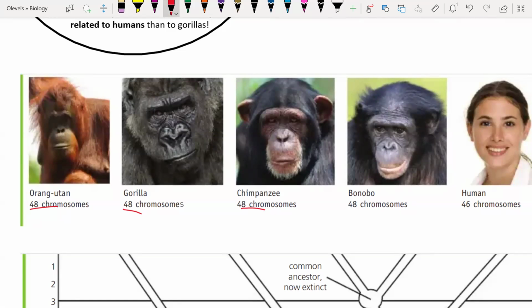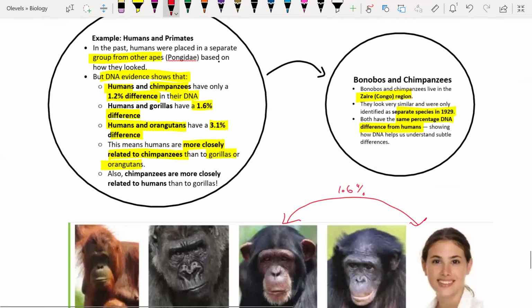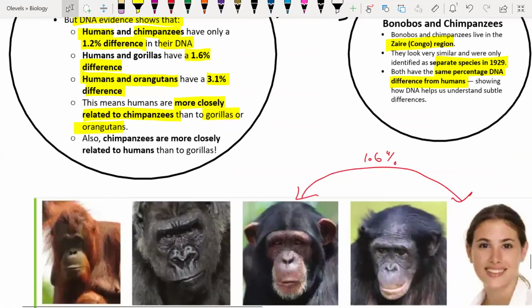Bonobos also have 48 chromosomes, while here we have humans, who have 46 chromosomes. So chimpanzees and humans are more closely related to each other with only a small DNA difference, right?